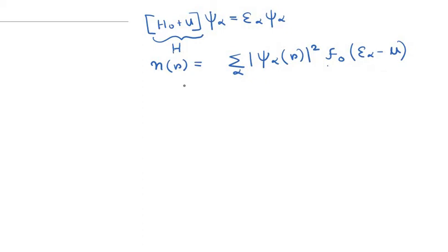So this gives us the electron concentration. Now this total electron concentration basically determines what this potential should be. So this is actually the electron potential. Let me write it as U(E).